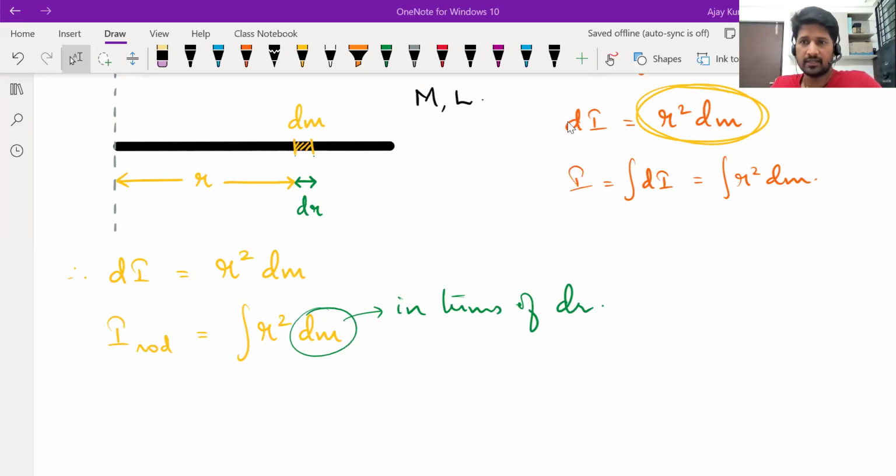What are the three different types of mass distribution we studied?